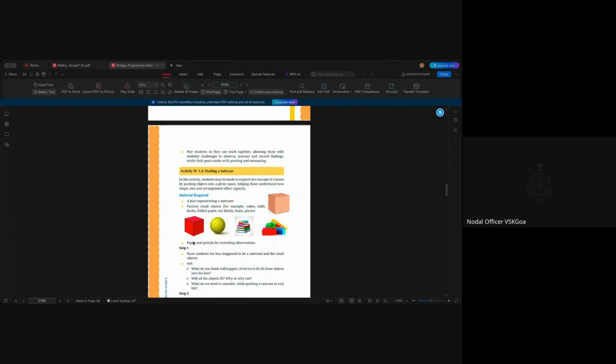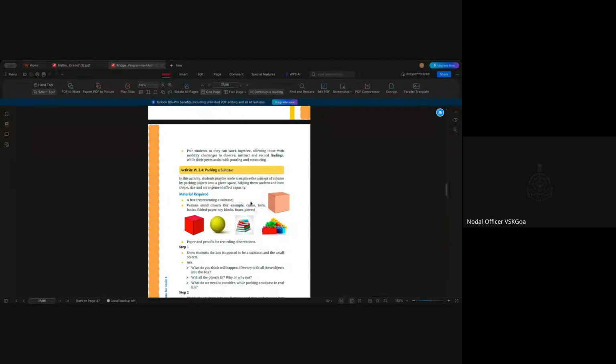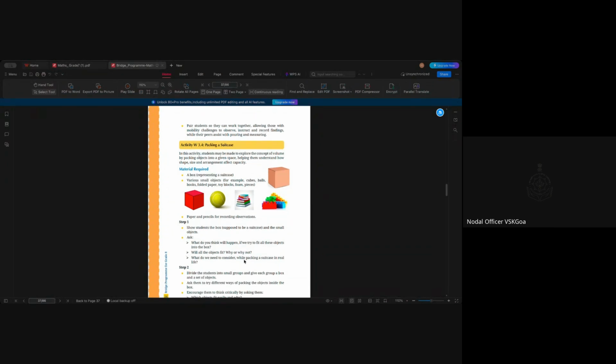If you have the knowledge of how to do the arrangements, how to fix some shapes in a particular place, then it becomes very easy for you to put more luggage in your suitcase and pack more things. So basically, these kinds of games are there.